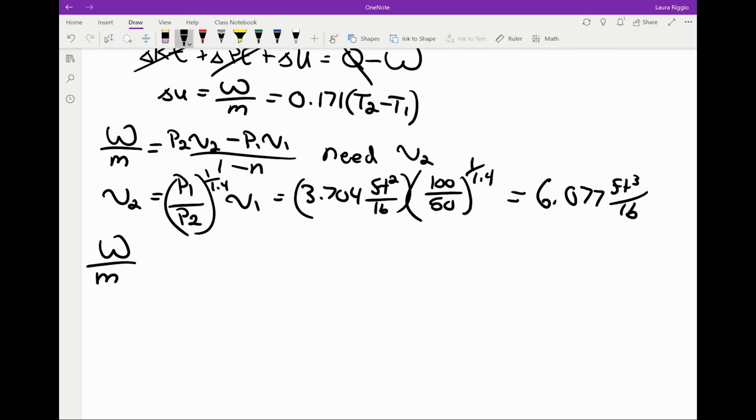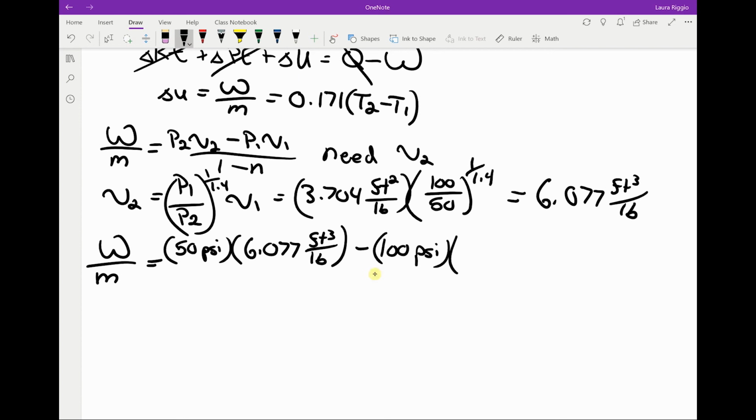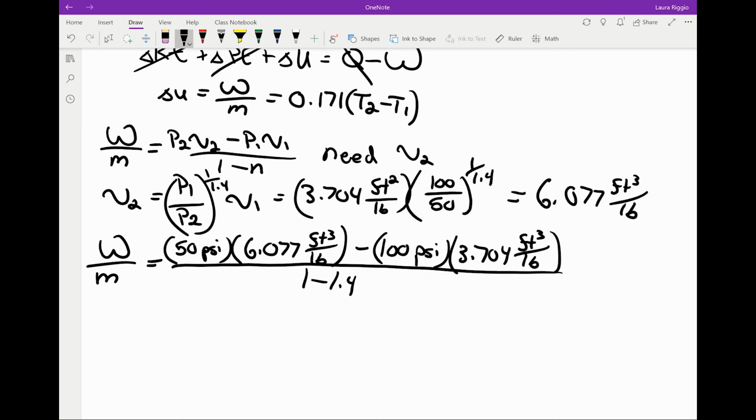So our work per unit mass is 50 psi times 6.077 feet cubed per pound minus 100 psi times 3.704 feet cubed per pound, divided by 1 minus 1.4.